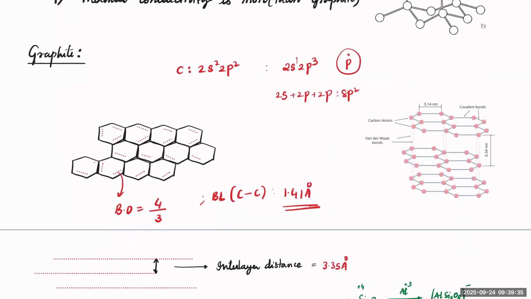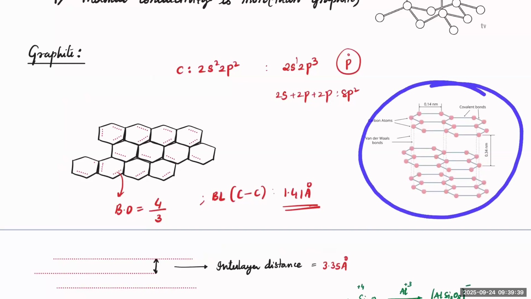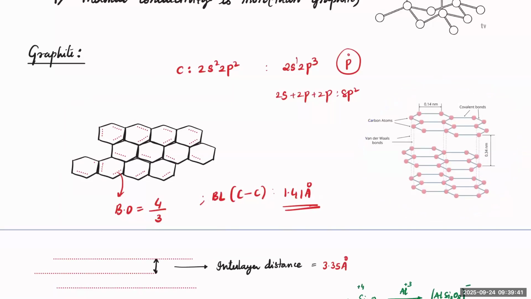Now, coming to graphite. Graphite will have these sheet-like structures. Each carbon will have 3 bonds on it. And because there is one extra electron present on each carbon, they will internally make a partial pi bond character like this. So it looks more like the benzene form only. Understood?